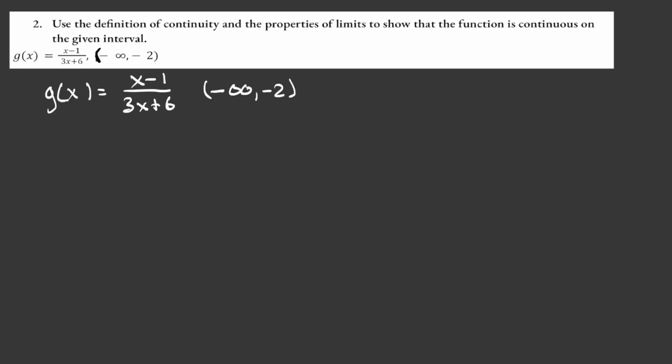Typically, when we want to know any break in continuity for a function like this, specifically a fraction, we know that we can't allow the denominator to be equal to 0, because when the denominator is equal to 0, the function becomes undefined.